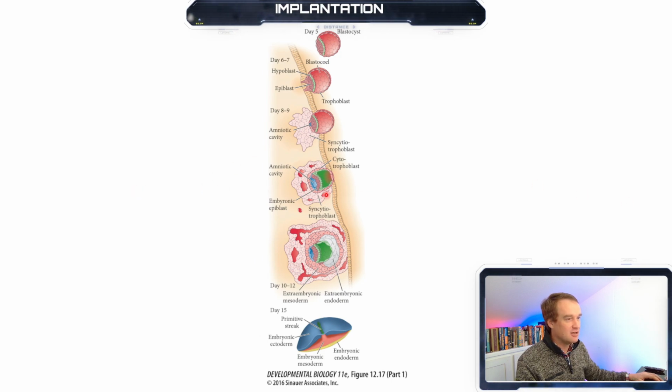So the extraembryonic endoderm, where are we on here? Extraembryonic endoderm here forms that primitive yolk sac. So the actual size of this embryo at this stage would be the size of like a period, like at the end of a sentence, like a punctuation mark.